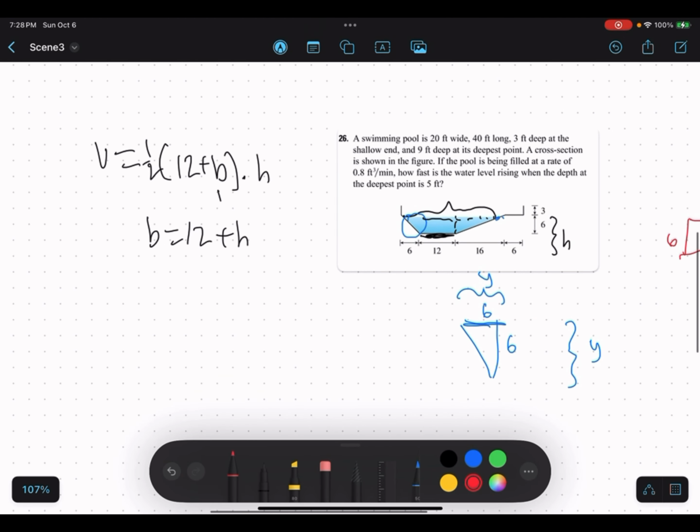So when this height is unknown, we have this length as 8 over 3h. Then we do plus 8/3h. Great, now we have an expression for our base.